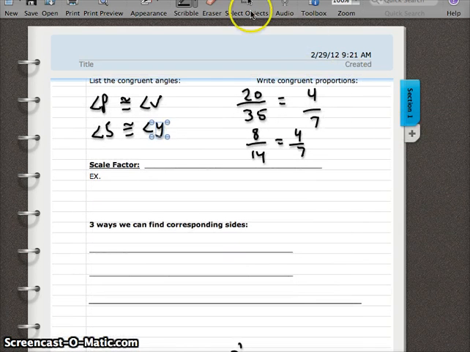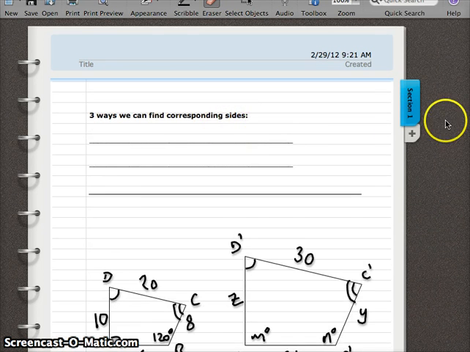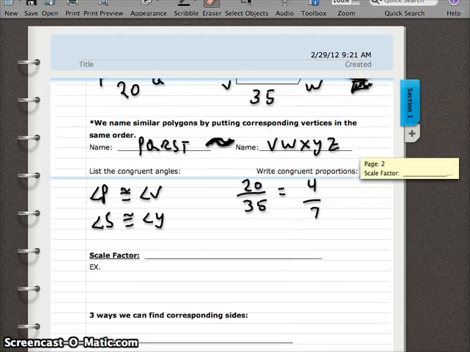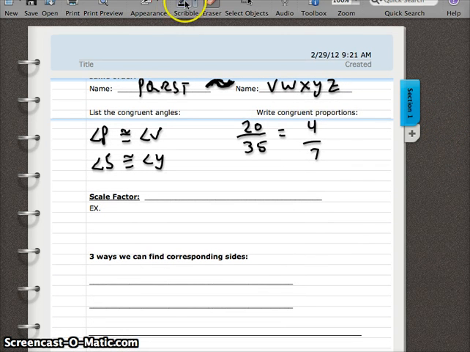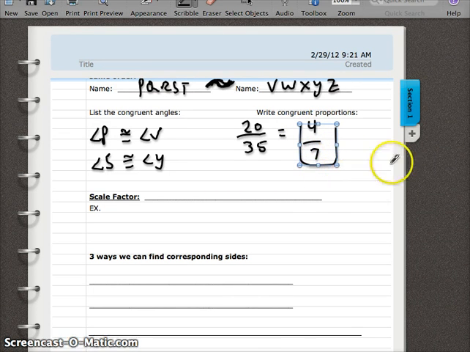So like I was saying, we were going to talk about the scale factor. This ratio that we had, the 4/7 ratio. Since all of the corresponding sides are in the same ratio, that is called the scale factor, and we use it as one of the ratios in proportions to solve for missing sides.